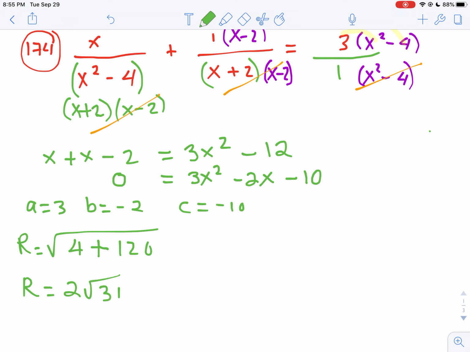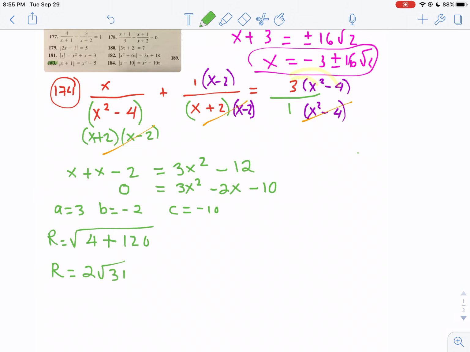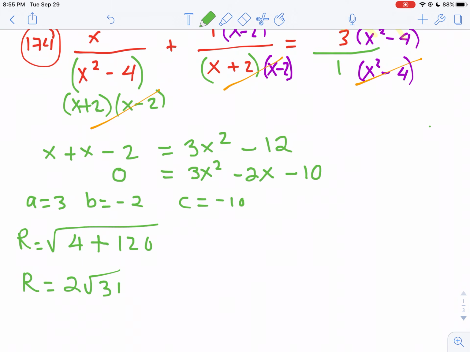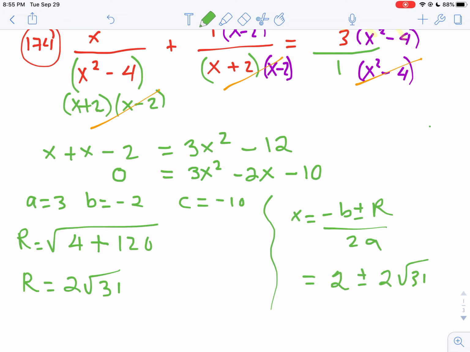This is a true way of doing the problem. You're just going to have to go through these hurdles. X equals minus b plus or minus the radical over 2a. My b is negative 2, so 2 plus or minus 2 radical 31 over 2 times a, which is 6.